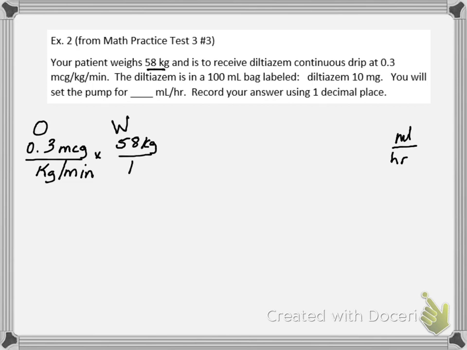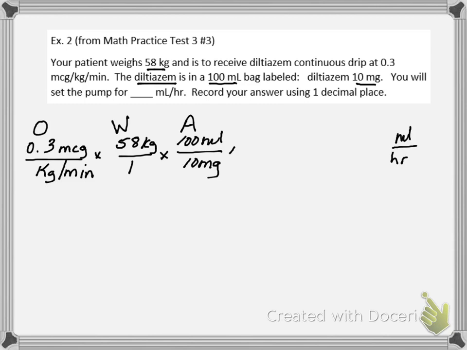I put that over 1. Then I go to the A portion of my OWAT, my mnemonic, and that's the available. They tell me here that the diltiazem is in a 100 ml bag, and it has 10 mgs in it. So my 100 mLs goes on top, and my 10 mgs goes on the bottom.